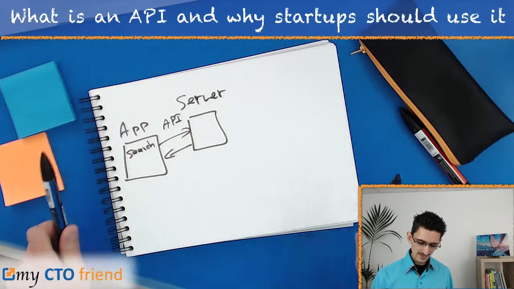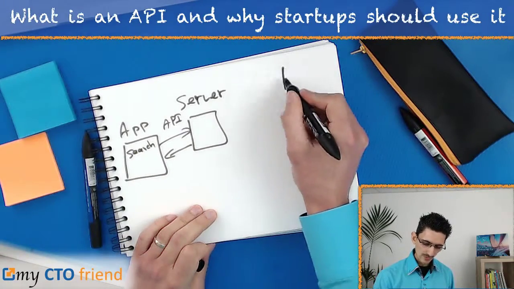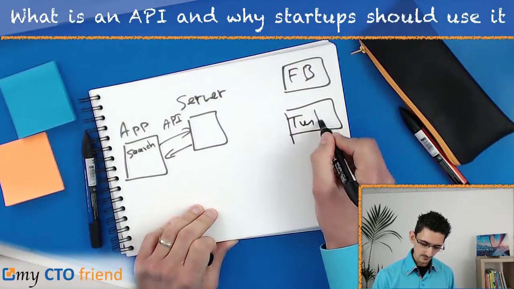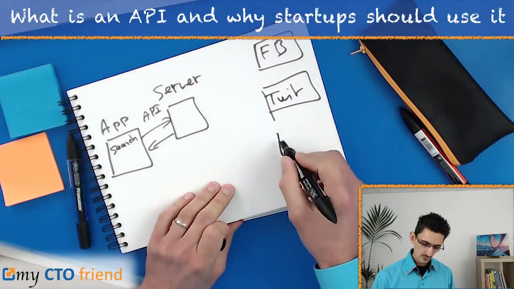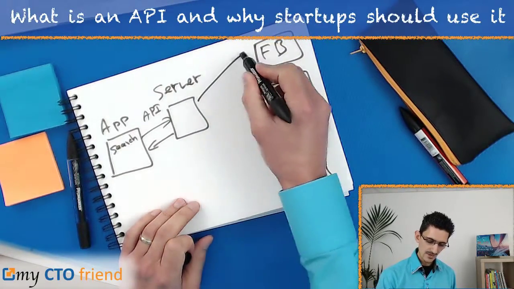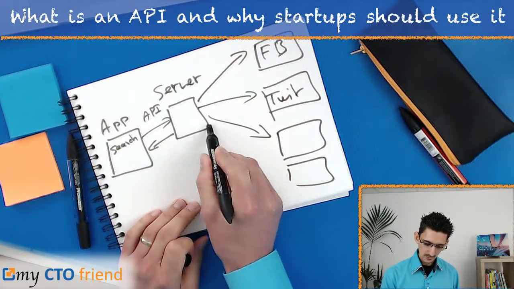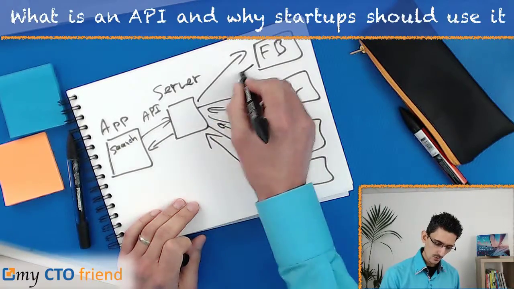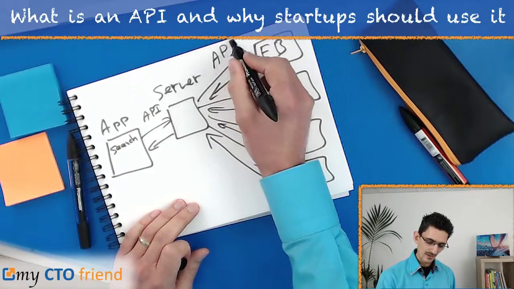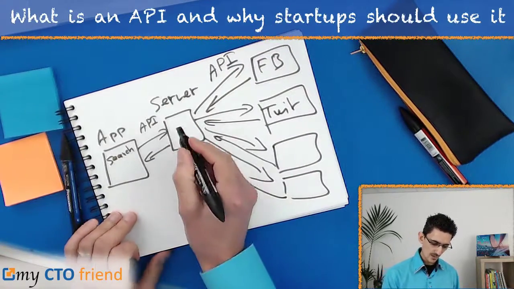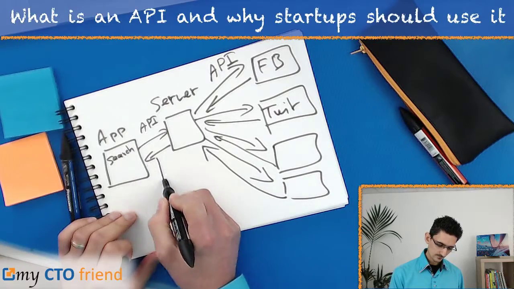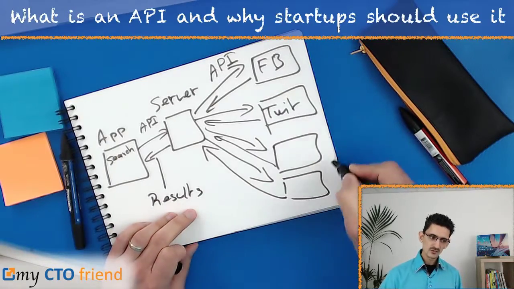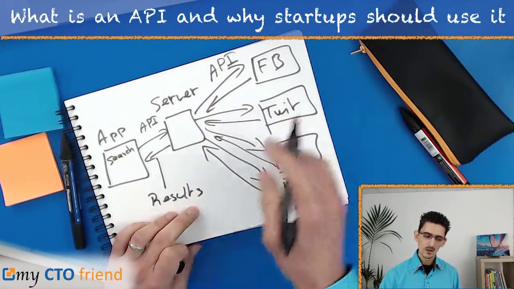Now our server is enabled to do some requests, maybe on Facebook, maybe on Twitter, or maybe on other social media. And it's going to perform in parallel a couple of requests and get all the responses thanks to the API format. And from here on your server, you will be able to provide the results from all the social media that you requested.